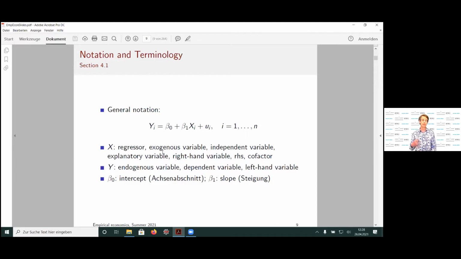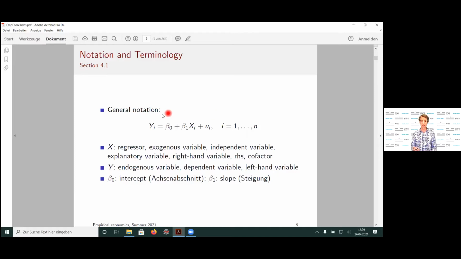So we introduce a more general notation here, which goes along with what you will find in any textbook internationally. If you look at a textbook from Brazil or from Japan or the US or anywhere, you will find the same notation in all these textbooks. And the general notation is as follows.